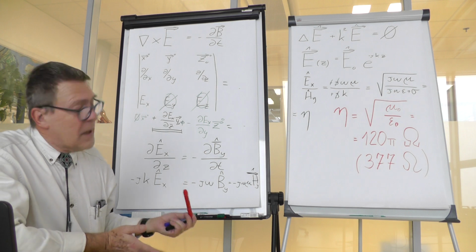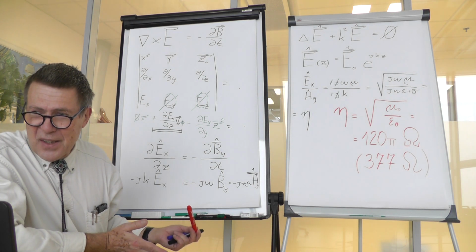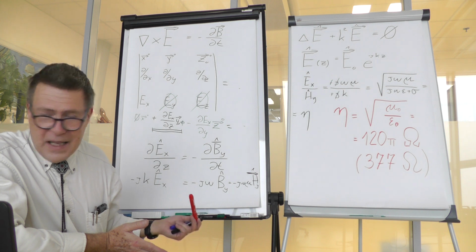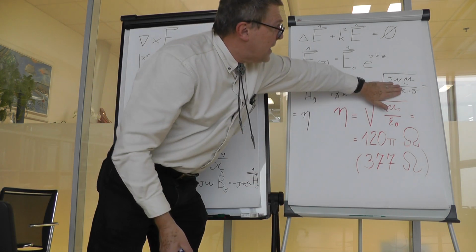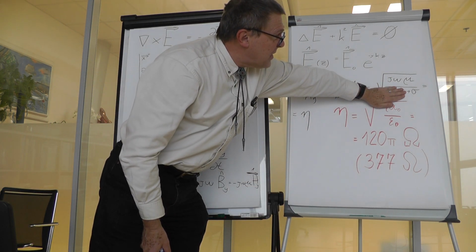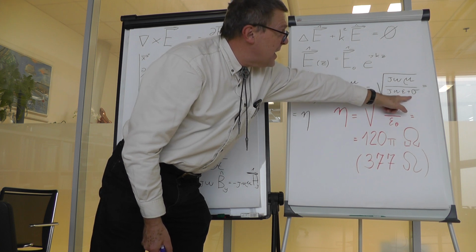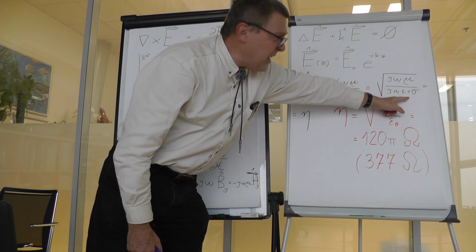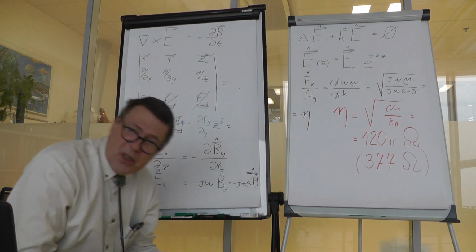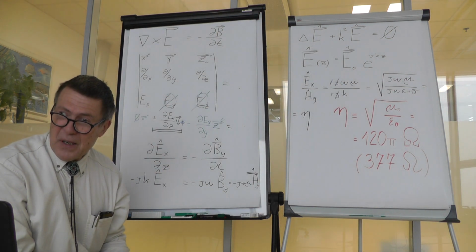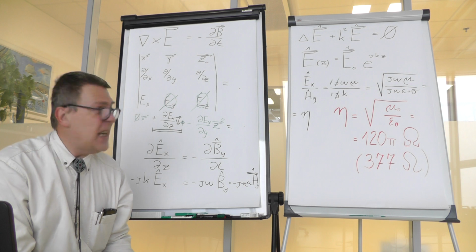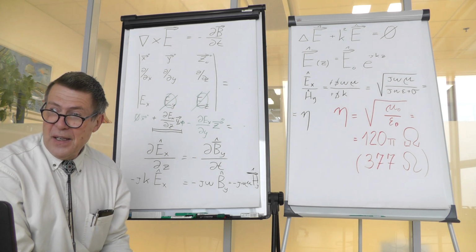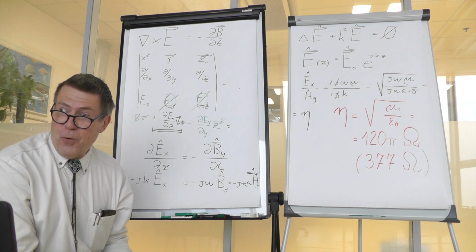And given a propagation in a conductor, then we would find out that there is negligible displacement current. We would have this completely imaginary. If we make a square root of a completely imaginary number, we would get a phase shift between electric and magnetic field, which is exactly 45 degrees, or pi divided by 4.